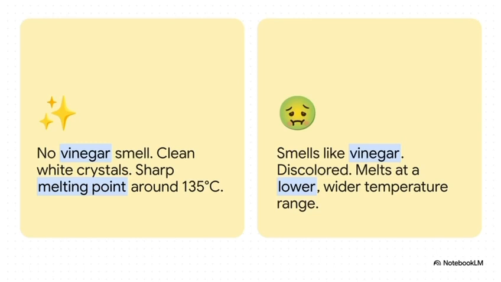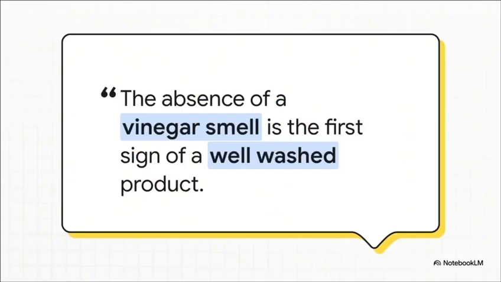All of those are dead giveaways that more purification is needed. And really, that vinegar smell is the biggest tell. It comes directly from that acetic acid byproduct we tried so hard to wash away. So if your final product is completely odorless, that's a fantastic first sign that you've done the job right. It shows that sometimes your own nose can be a pretty powerful tool in the lab.